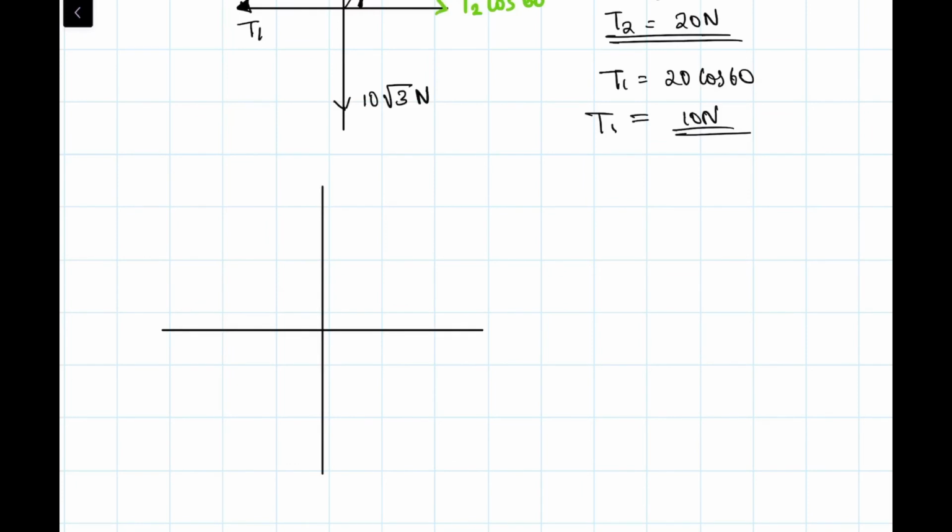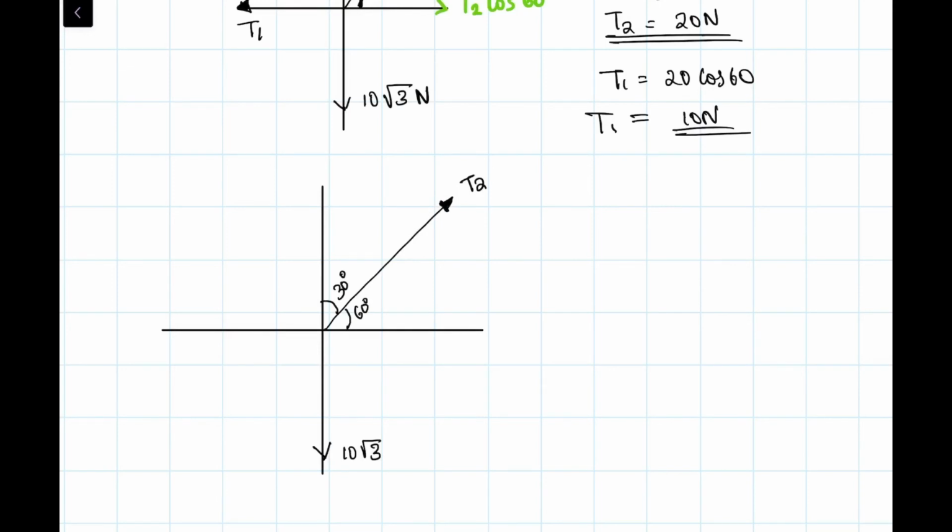Let's draw 10 root 3 as we have drawn before, exactly through the negative y-axis. Then there is a tension acting through the string OB. It is T2, and this is 60 degree and this is 30 degree. Fine, there's no confusion in that.